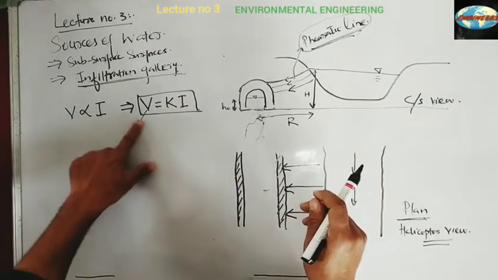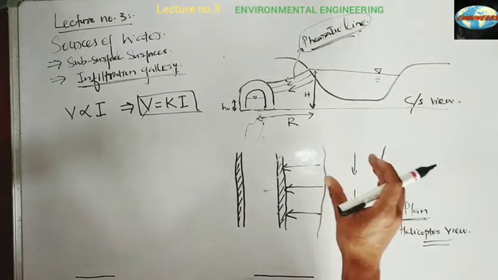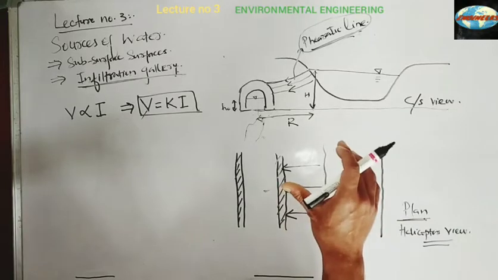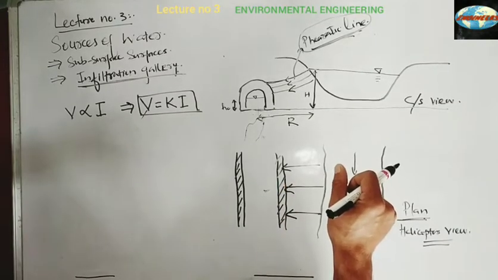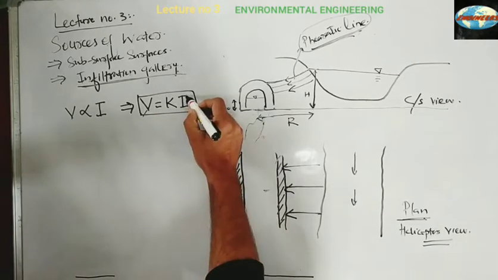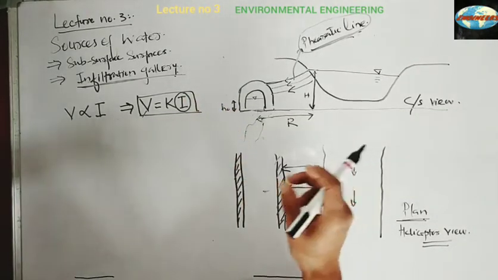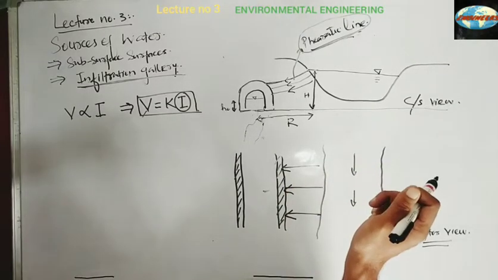Okay, so in a previous lecture, maybe I have explained the difference between seepage, percolation and infiltration. Basically, when there is seepage, there must be some potential or head difference, and then seepage will occur inside the soil strata.